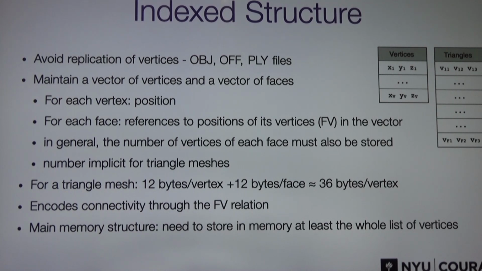It will save you half of the space, and it encodes connectivity through this vertex table relation. And typically that's what people basically use. It's implemented in obj, off, and ply files, with obj and ply maybe the most commonly used in 3D printing and scanning.